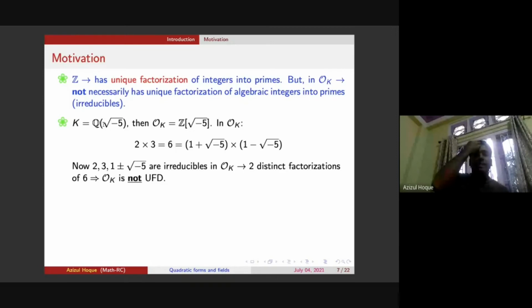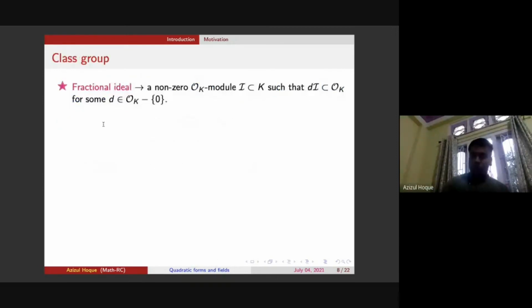Okay, so to discuss this type of failure, we have this class group. So what is that class group? To define that class group, we need another concept, so-called fractional ideals.